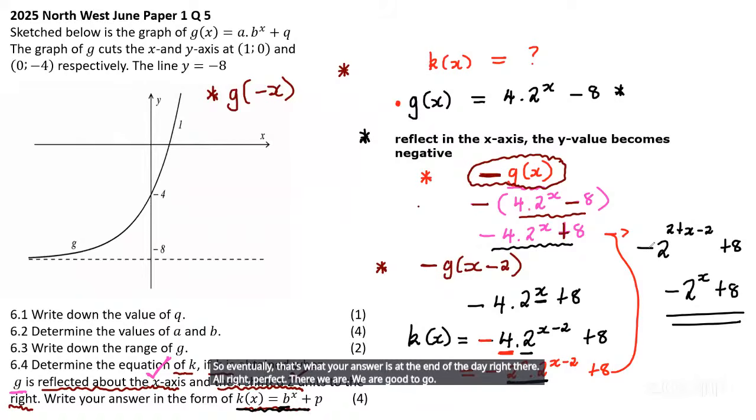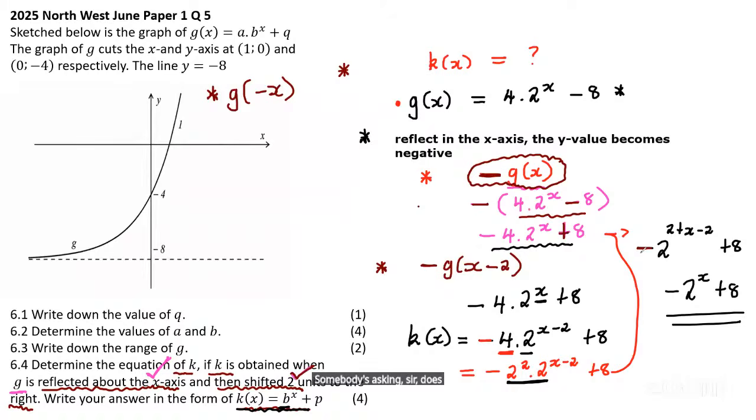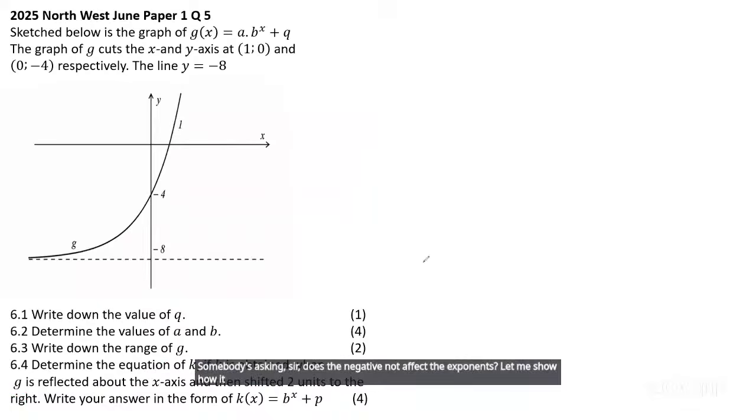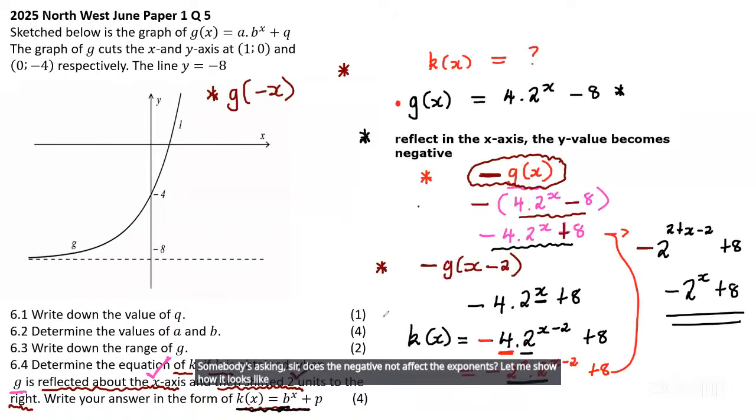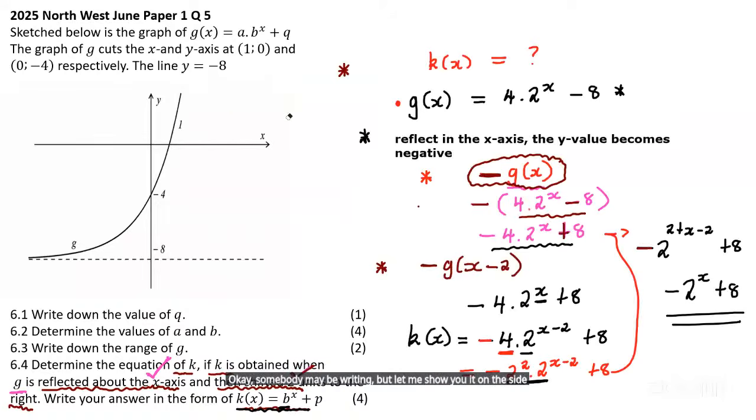Somebody's asking, does the negative not affect the exponent? Let me show how it looks on the side here. This is as good as saying minus 1 times 4 times 2 to the power x minus 2 plus 8.